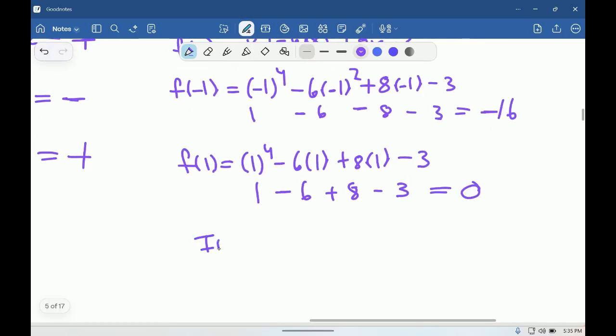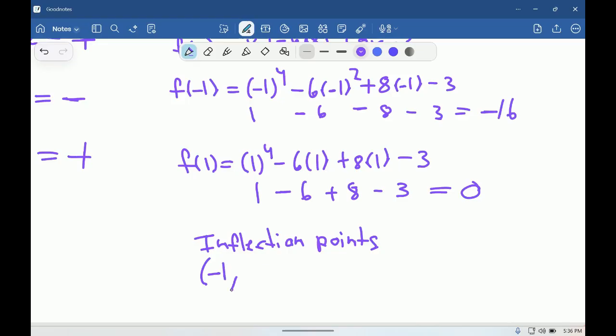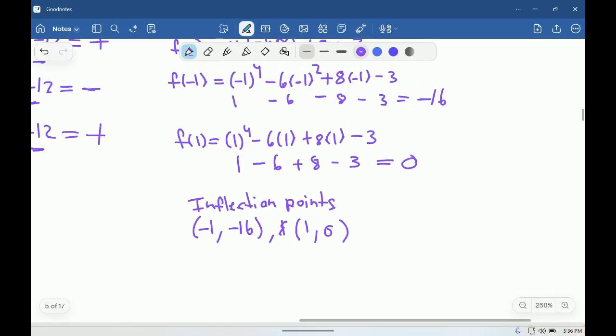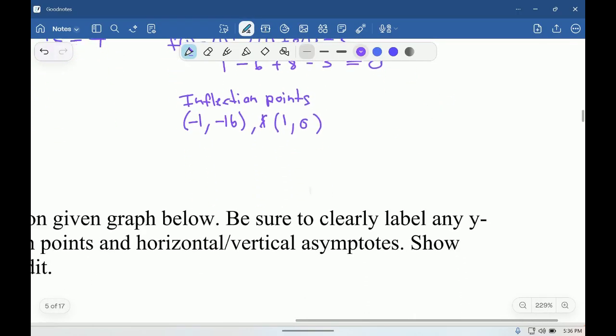So our inflection points are going to be (-1, -16) and (1, 0). Okay.